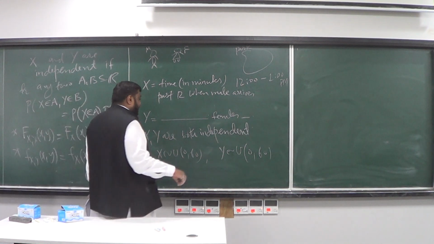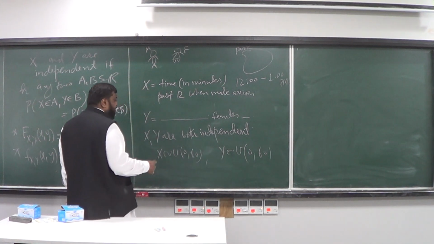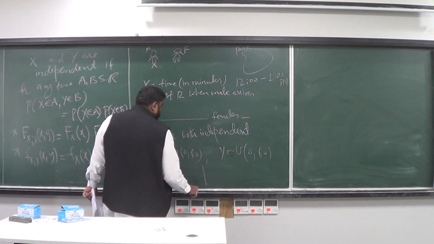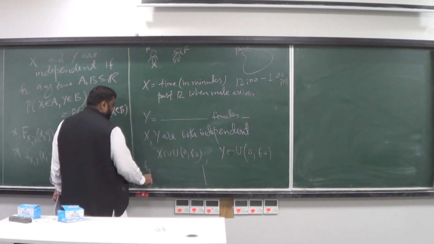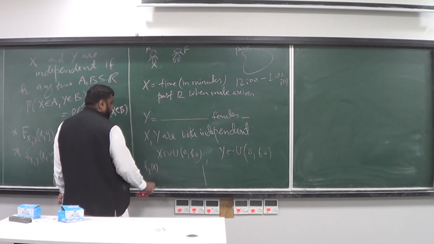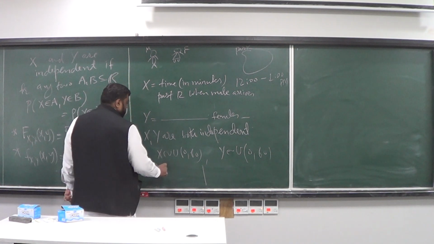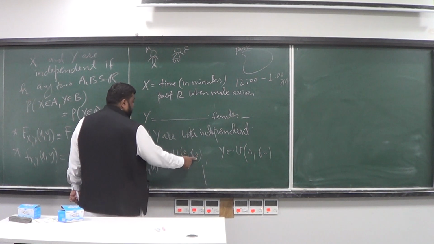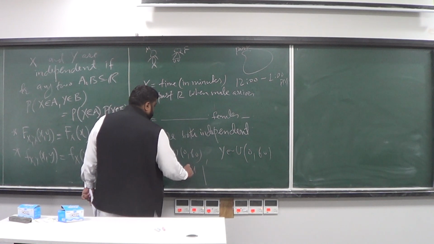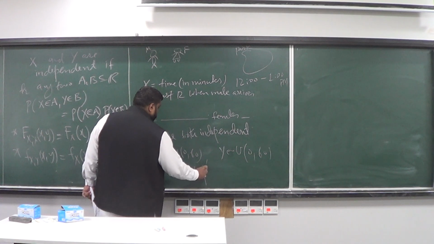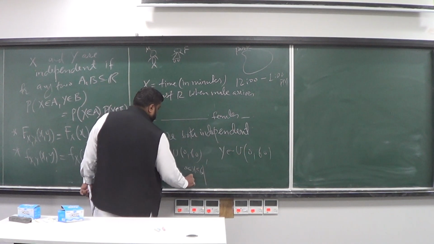Now, if X and Y have uniform distributions, what would be the PDF of a uniform distribution? The f_X of x is going to be 1 over 60 minus 0, so 1 over 60 when x is between 0 and 60, and equal to 0 otherwise.